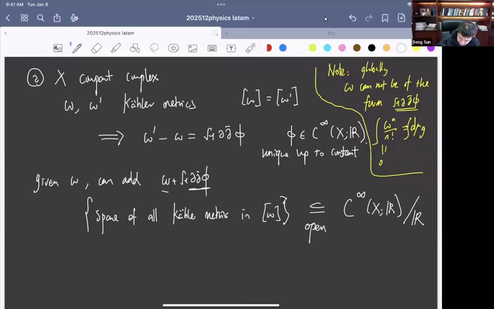So that's why we need to mod by constants. This explains why the Kähler metric does not satisfy an equation. It's basically an open set in this infinite dimensional space.